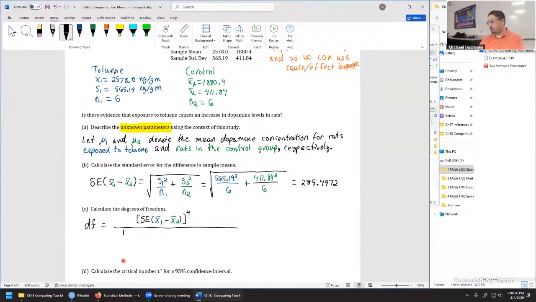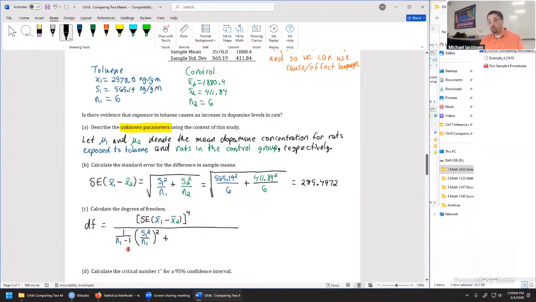Here's how it goes. It's 1 over sample size 1 minus 1, multiplying sample standard deviation 1 squared divided by sample size 1, to power 2. So that's the first part. Then we add on essentially the same thing, but we're just changing the subscripts.